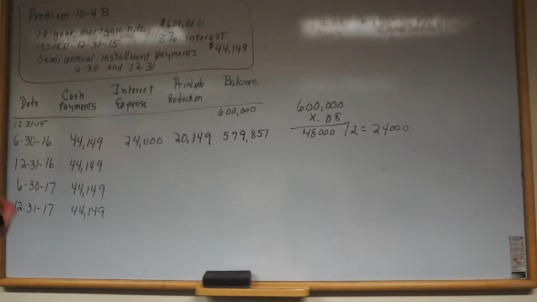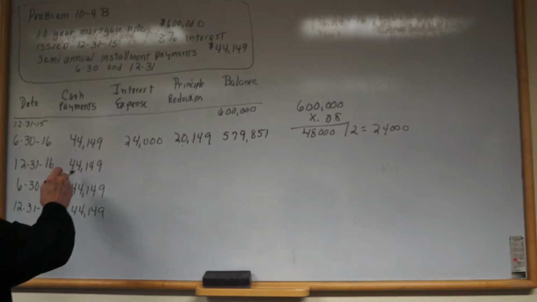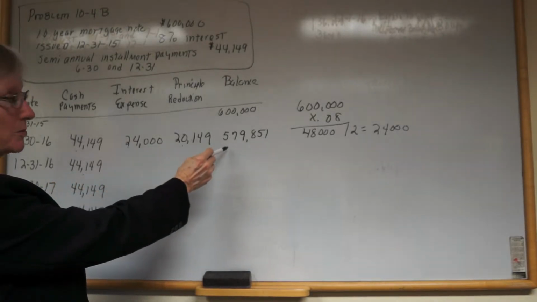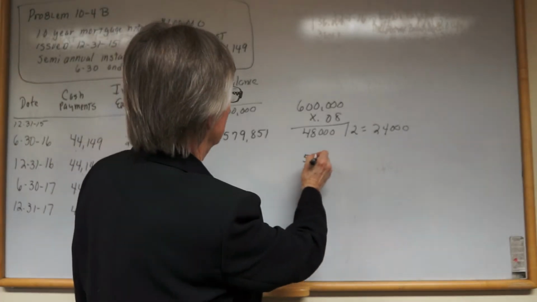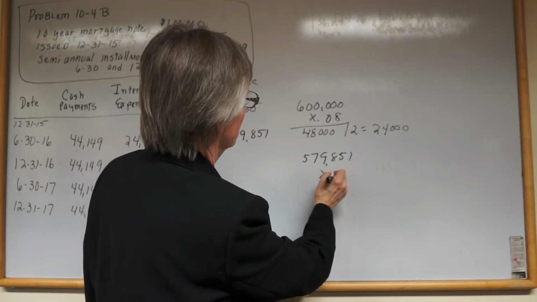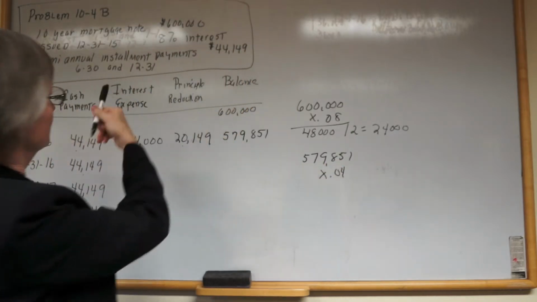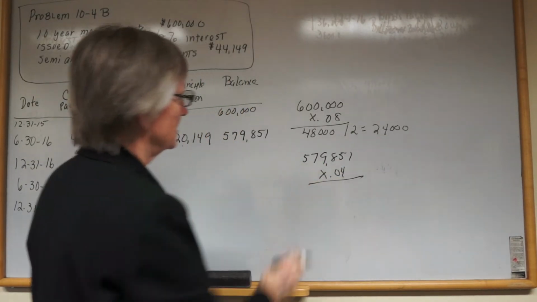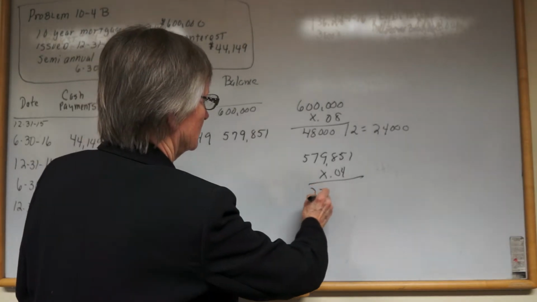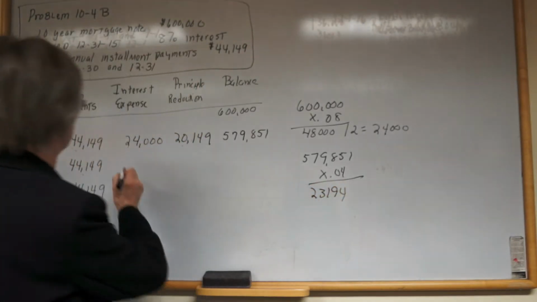The second payment on 12/31 is still going to be the same amount, but now we have a new principal balance. So we're going to take the $579,851, and we can shorten this to just go times 4% because that would save us a little step there. And so the interest amount on this is going to be $23,194.